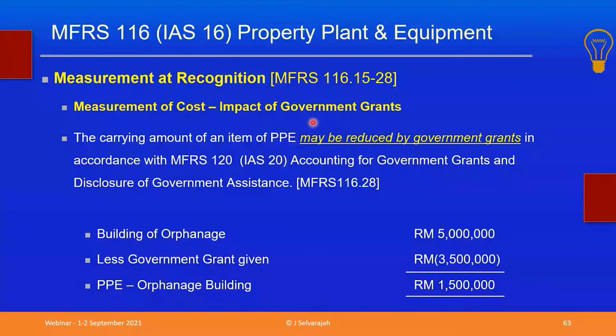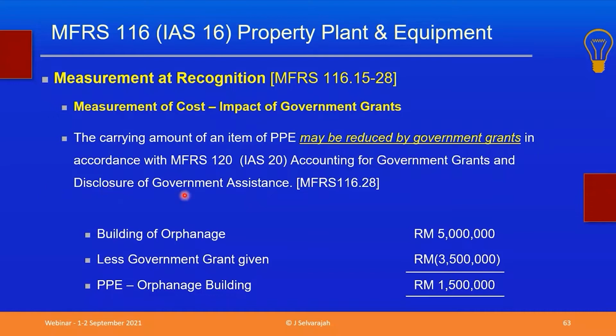So the carrying amount of an item of PPE may be reduced by government grants, in accordance with MFRS 120, which is accounting for government grants and disclosure of government assistance.